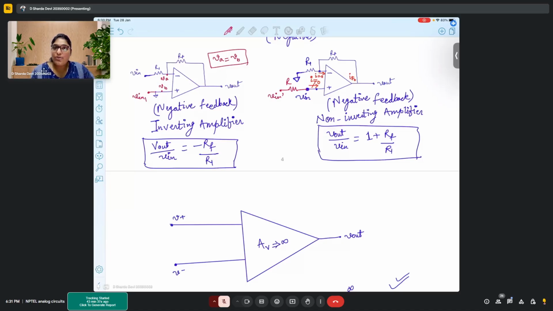But when a node has a fixed voltage, like it is connected to a supply or a ground node, its voltage is already fixed, so it can define the other node's voltage. So in this case, the moment I connect my VB to V in 1, I can say my VA will see a voltage V in 1 due to virtual short concept. Is this clear?